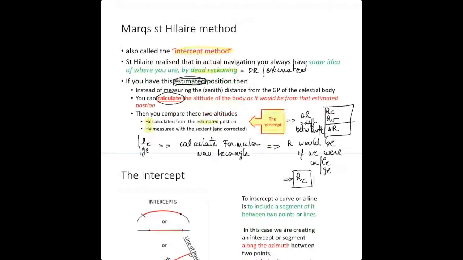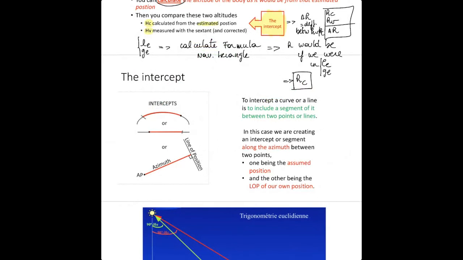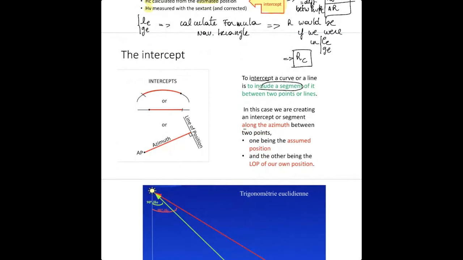And why is this called an intercept? If we take a look at the dictionary in English, we see that to intercept a curve or a line is to include a segment of it between 2 points or 2 lines. And what do we do in this case? Along the azimuth, we intercept a segment between 2 points. And between which 2 points?